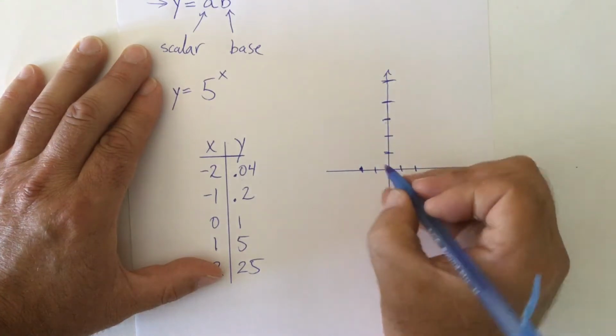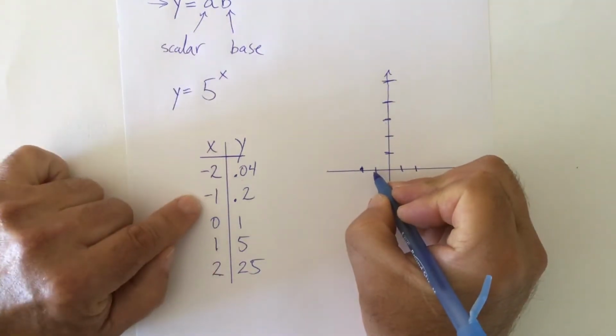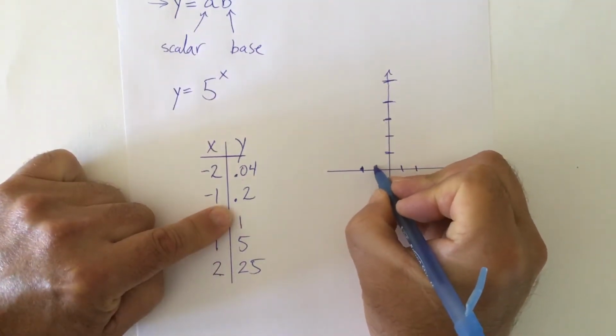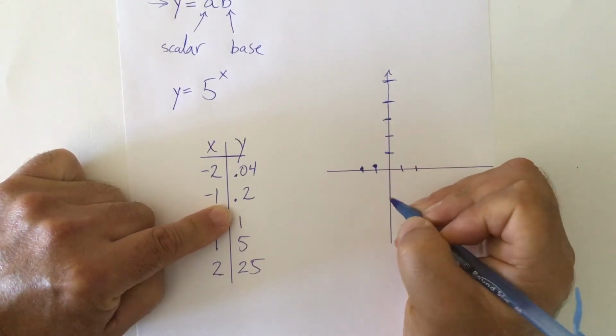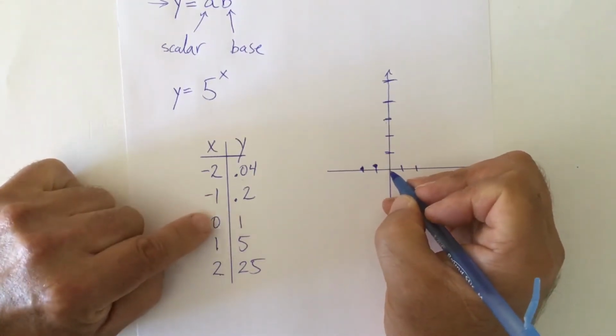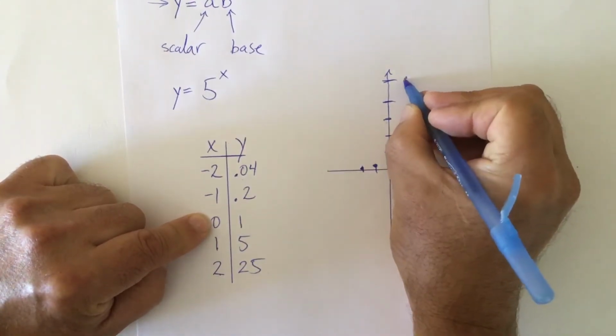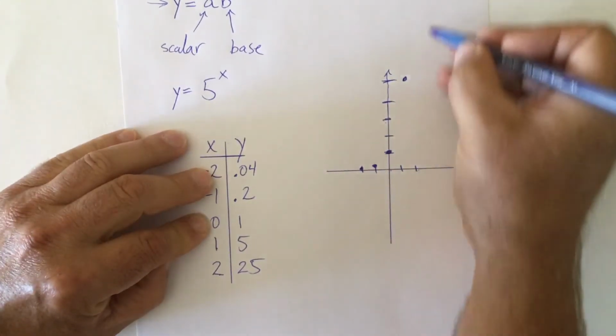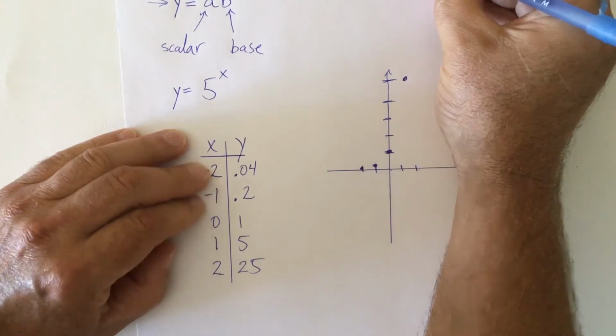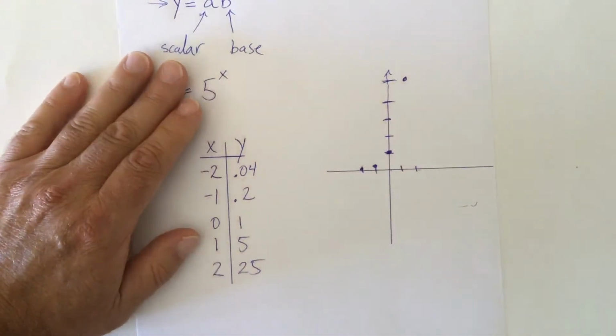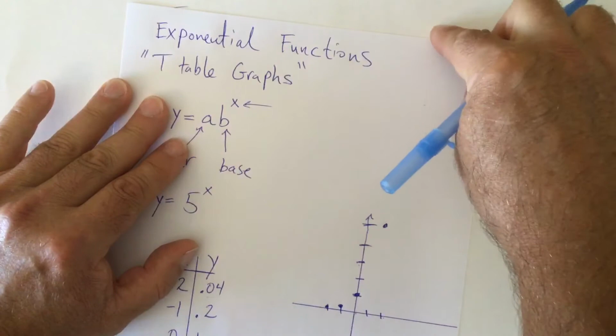And if I plugged in -1 and I got out 0.2, that would be real close to the line too, a little bit farther off. If I plug in 0, I get out 1. I plug in 1, I get out 5. Now, I plug in 2, I'm already at 25, which is way off the charts. Look, 25 would be way up here off the page.